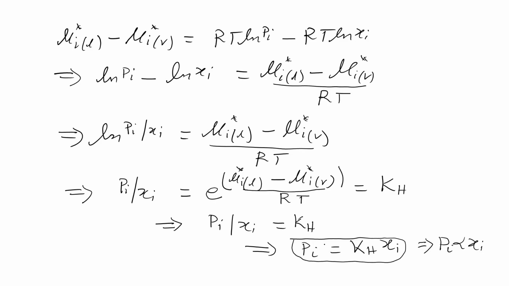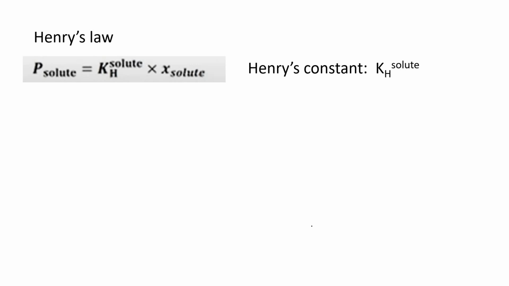This is the equation where this proportionality constant is different from Raoult's law. Now, this is our Henry's law. The vapor pressure of the solute of an ideally dilute solution, because here we are considering only ideally dilute solutions, is equal to X solute, the mole fraction of the solute, into Henry's constant. Okay.